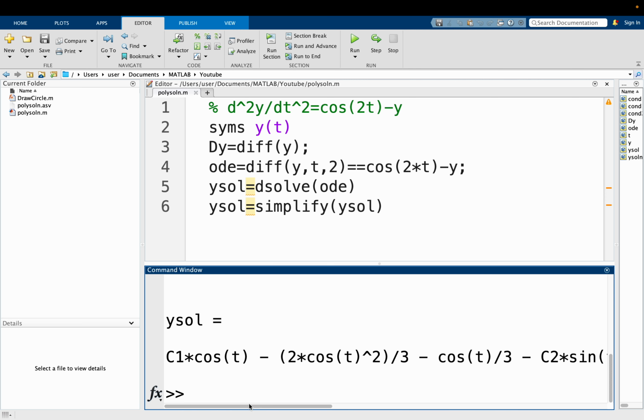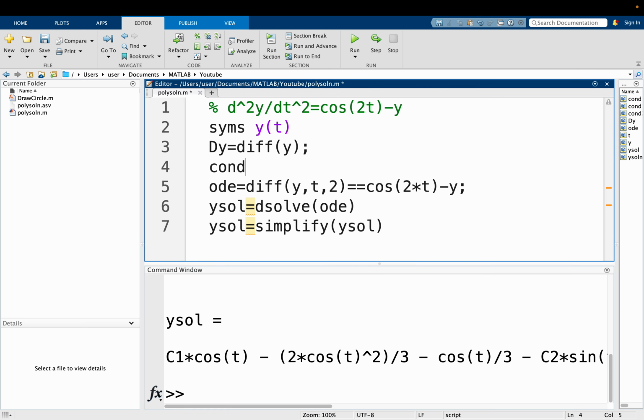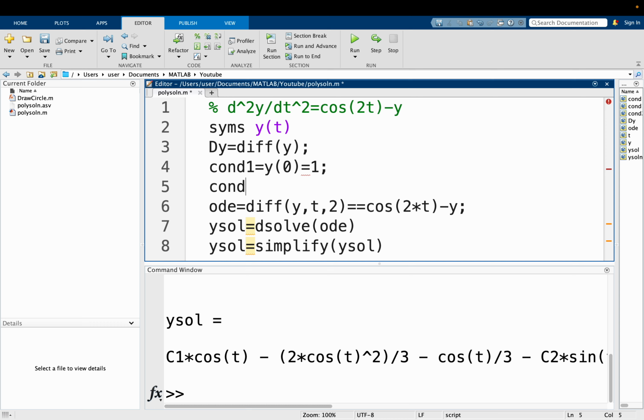For a second degree ordinary differential equation, I have to have two conditions in order to find my C1 and C2. The first condition is the value of y at 0, I'll define it as 1, and condition 2 will be the value of y prime at 0, and I will also call it 1. This one will be with a double equality sign.